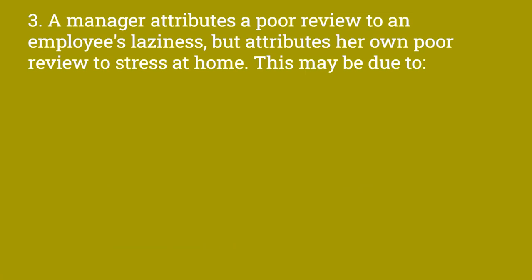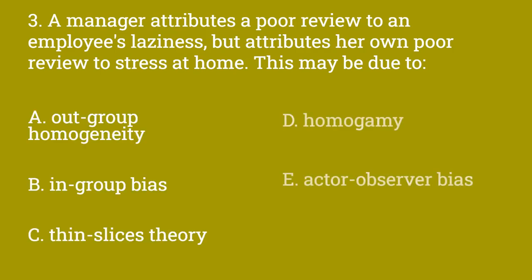A manager attributes a poor review to an employee's laziness, but attributes her own poor review to stress at home. This may be due to outgroup homogeneity, in-group bias, thin slices theory, homogamy, actor-observer bias.